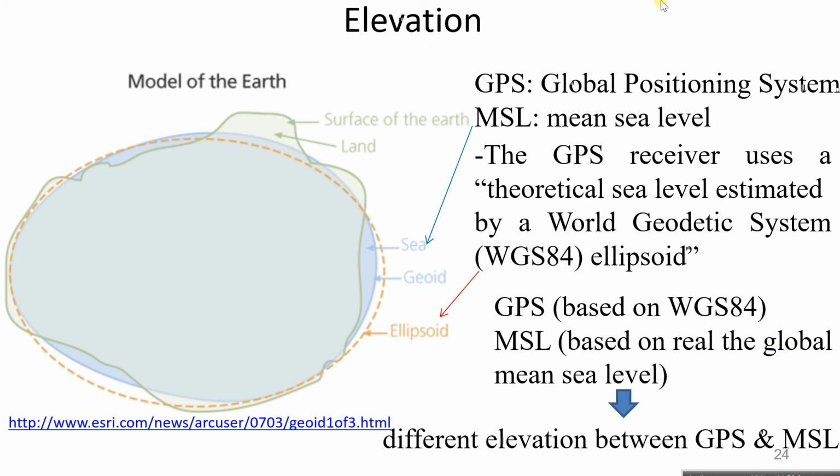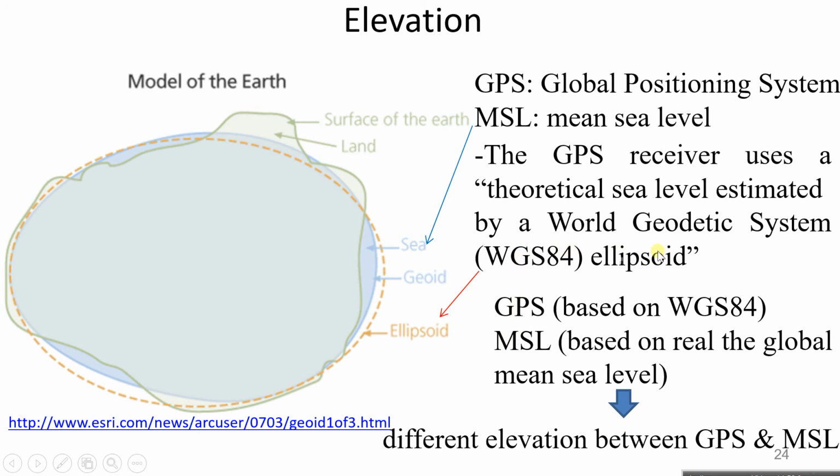Okay, and the last is elevation, how to understand the elevation, this is GPS and MSL. MSL means mean sea level. So you look at this figure, you can imagine for mean sea level, this is the blue line.